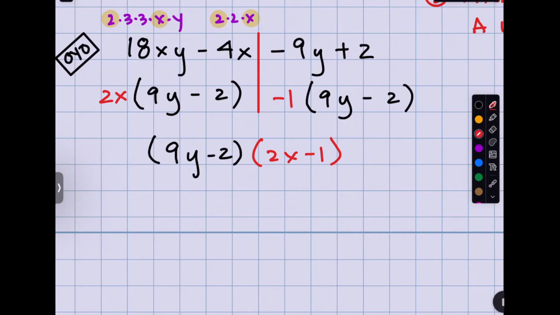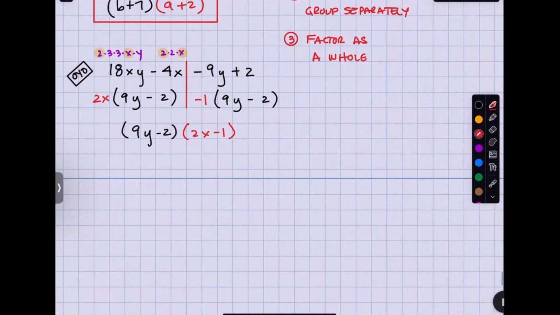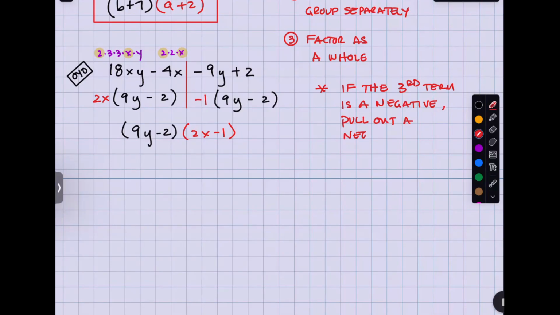Okay? Now, with that being said, I'm going to put this asterisk right here. If the third term is a negative, pull out a negative from the second group.